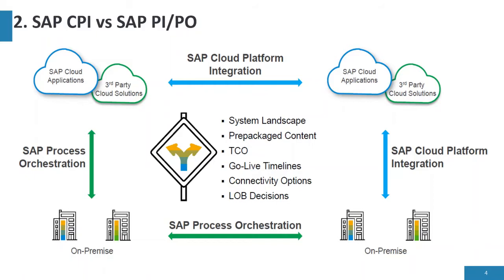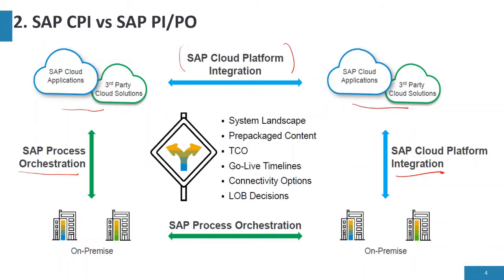So as per SAP, what they are saying is, suppose you are integrating cloud systems with cloud systems, then obviously you should go for cloud platform integration. Again, when you have cloud to on-premise, then you can either go for cloud platform integration, or you can go for SAP Process Orchestration. This is SAP PO, or you can say SAP PI, process integration.